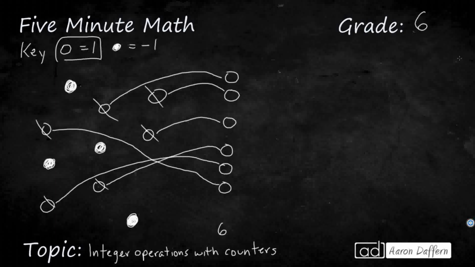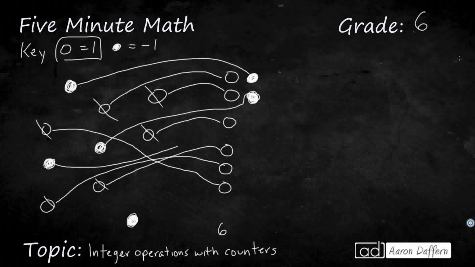Now, as you can tell, I don't have as many negatives. So let's draw them. But when we draw them, we want to put them exactly opposite one of our positive ones. So we're going to make zero pairs. So let's bring this one right here. I've got 3. And then I've got this one right down here. I'm going to put it right there.